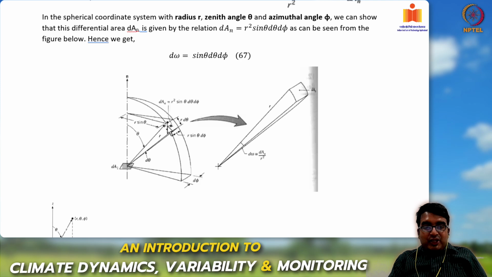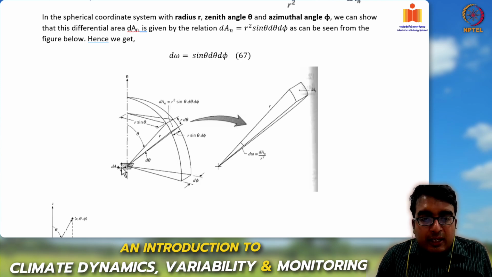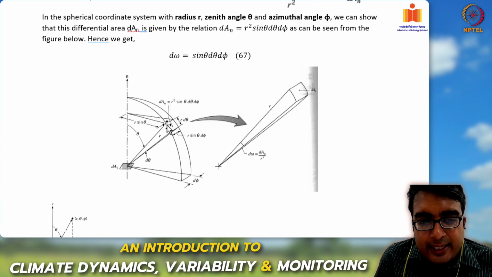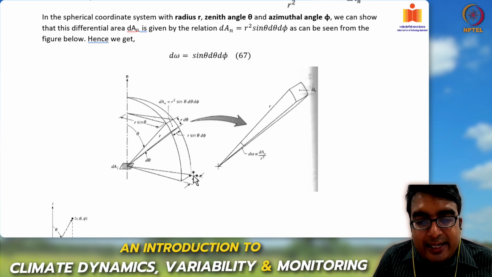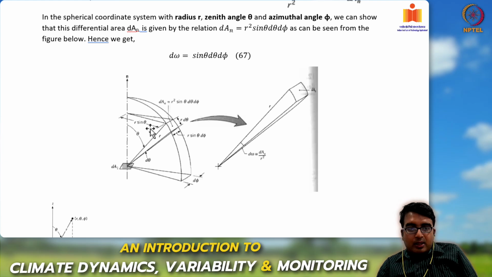Then this differential area: if this is r hitting here, and we make a small angle d theta in this direction and d phi in this direction, we have two meridians like this and two latitudes like this, very close to each other.